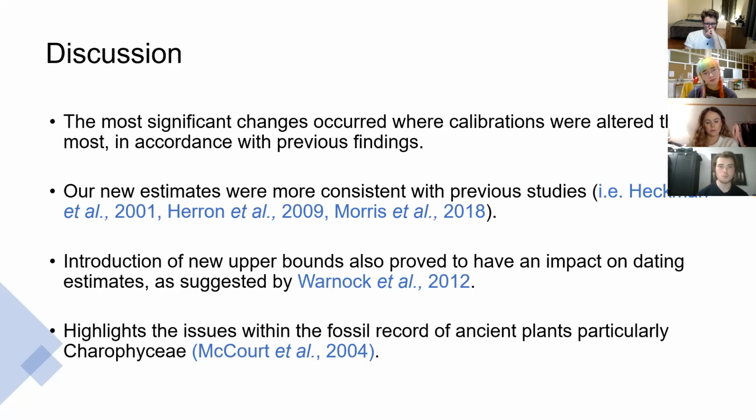For instance, Morris is one of the most published recent estimates for plant divergence times, and we found that our estimates fit very much within that. But as I said earlier, TETHYS didn't obtain an age that was within their fossil calibrations.